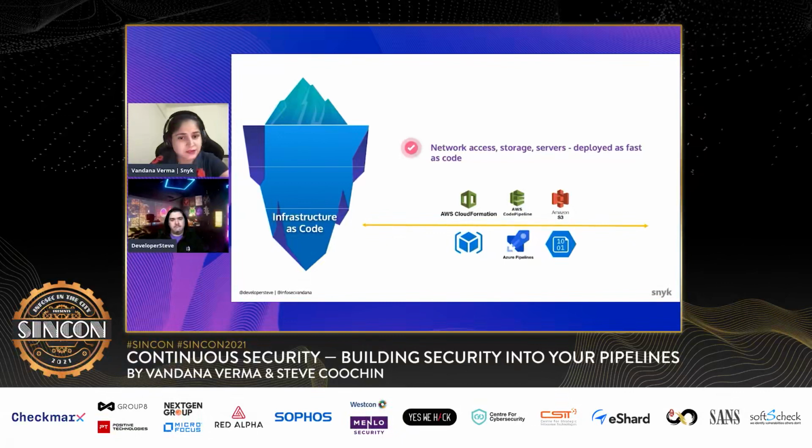So all of these things are good: network access, storage, servers, because we want it as fast as we can. But it is getting bigger and bigger. And there is a big but in that, which is creating the whole concern. Think of a situation wherein we are trying to deploy Kubernetes, and the Kubernetes file that we have has some crucial security issues.